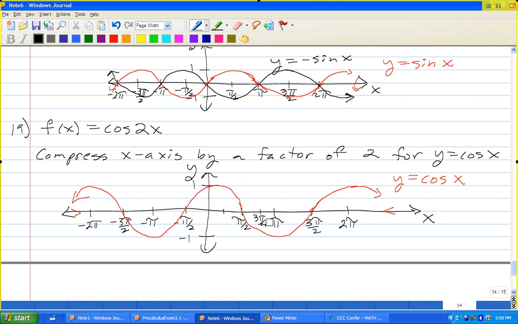Okay, so now the graph will look something like this.